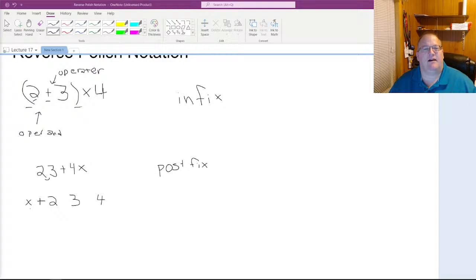So somebody said, how about if we do... Oh, yeah, that's postfix. This is prefix. So he came up with this prefix idea, but somebody came along and said, hey, how about if we do it backwards and do postfix? So postfix means we're going to give you the two numbers and then the operator.